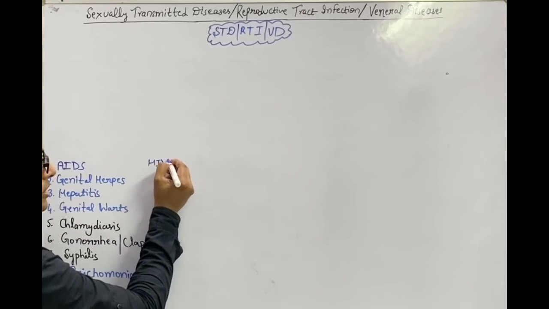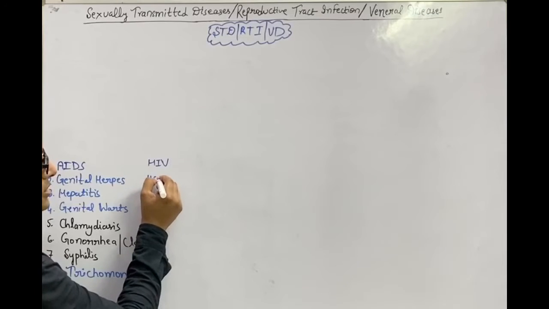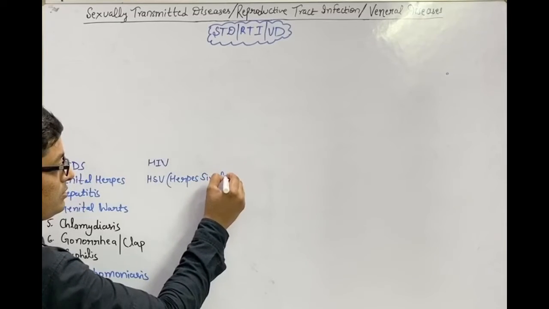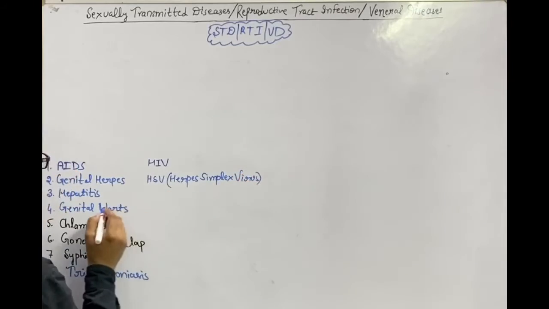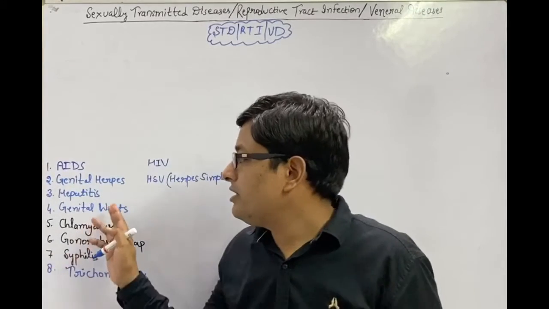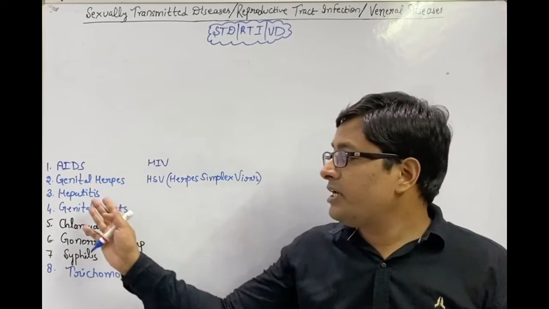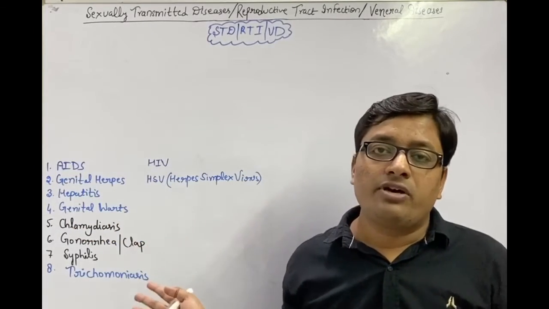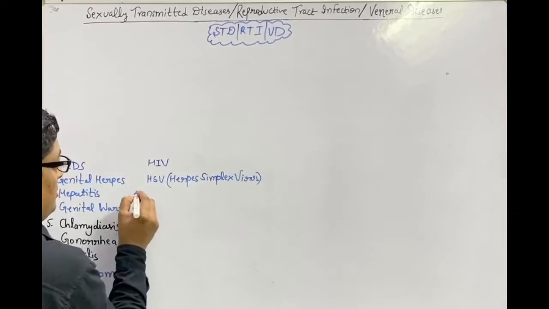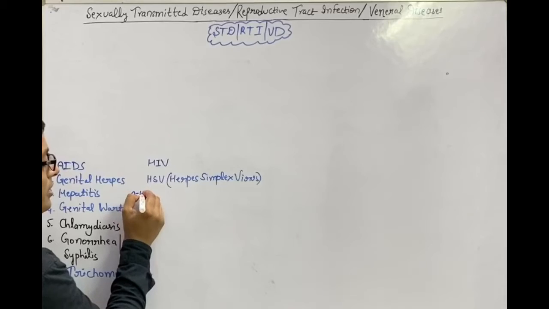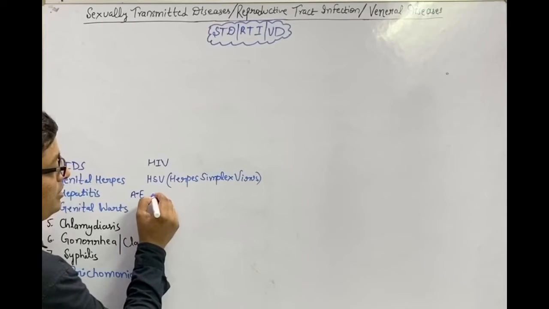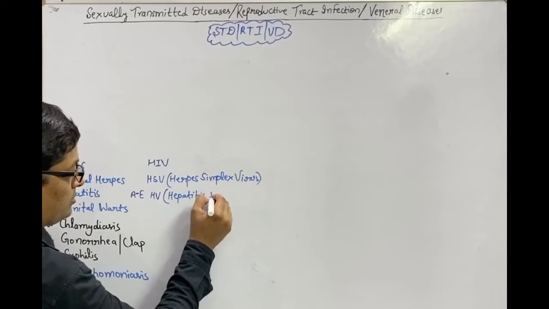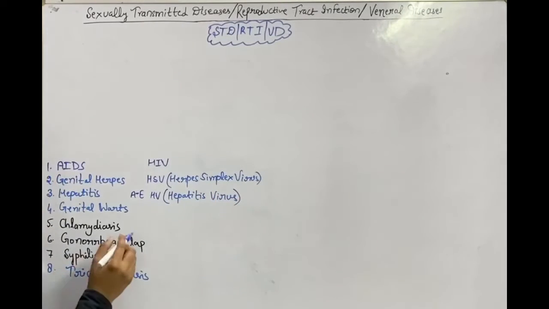Genital herpes is caused by the herpes simplex virus, HSV. Hepatitis is of different types, hepatitis A to E, and their causative agents are the hepatitis A virus, hepatitis B virus, and so on respectively.